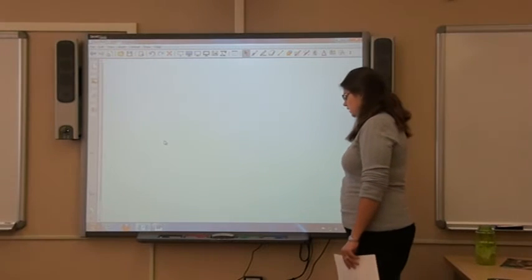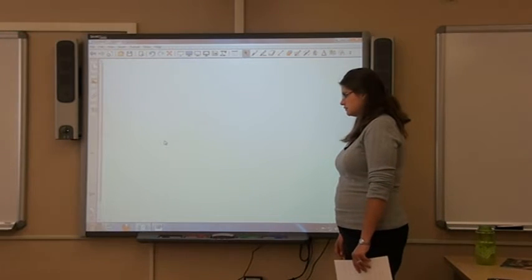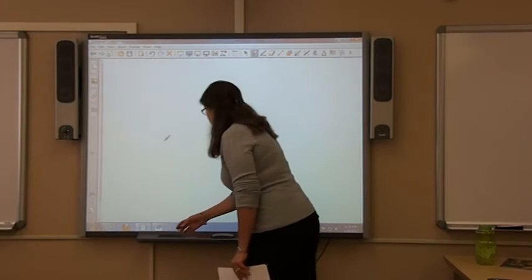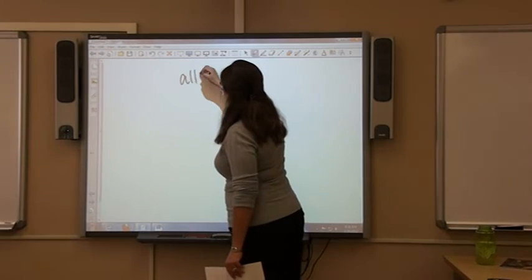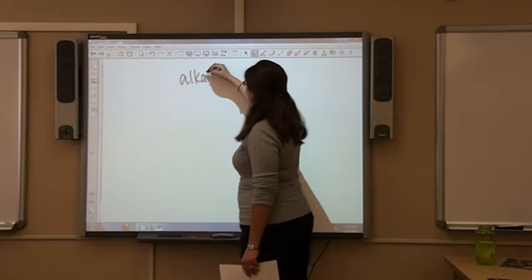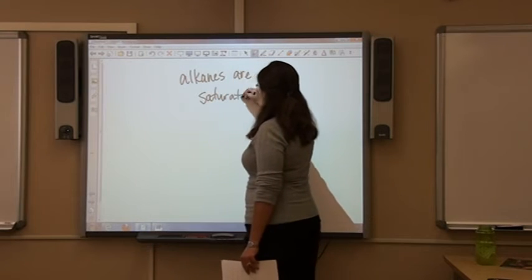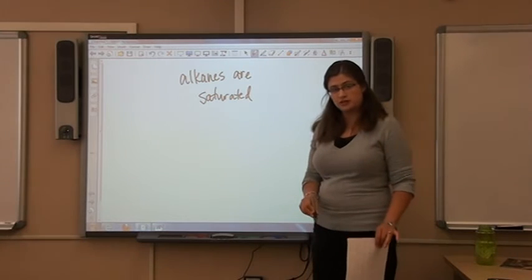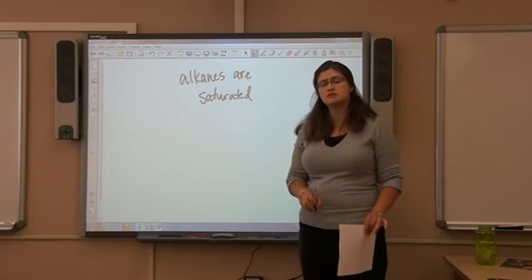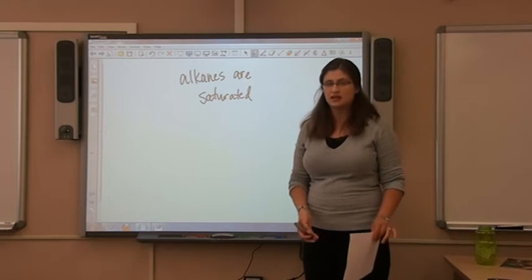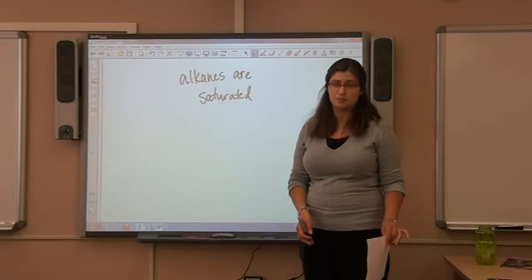The reason why alkanes are used as fuels is because they're saturated. Remember what saturated means? It means you have the most number of hydrogens possible. In other words, you don't have any double bonds.